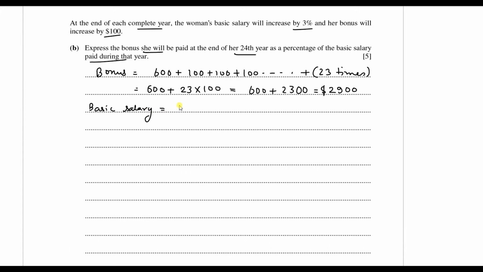Initially it was 30,000. We can see from the first part 30,000, and if it is increasing 3% per annum, the factor becomes 1.03, meaning 103%. So 30,000 times 1.03 to the power 23 would be 59,207.59.